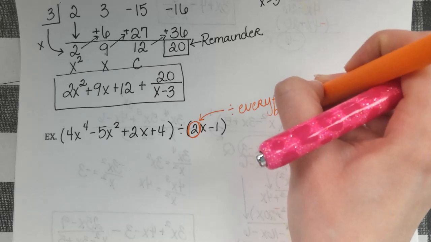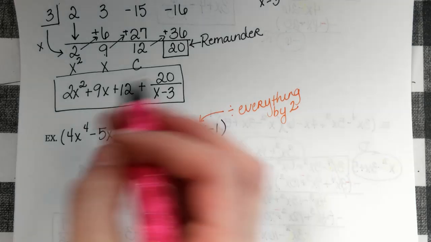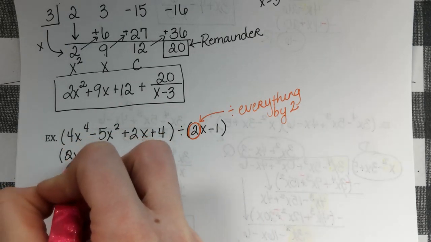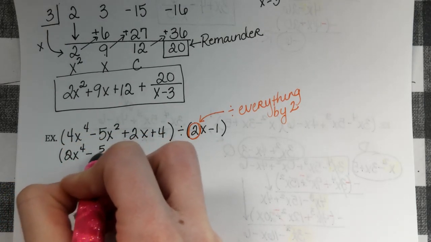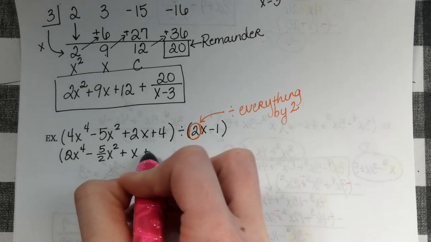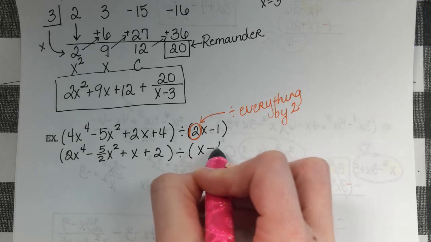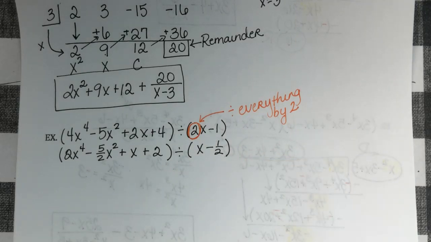So I'm going to divide everything by 2. When I do that, it becomes 2x to the 4th minus 5 halves x squared plus x plus 2, divided by x minus 1 half. Every single term in your dividend and your divisor gets divided by 2.